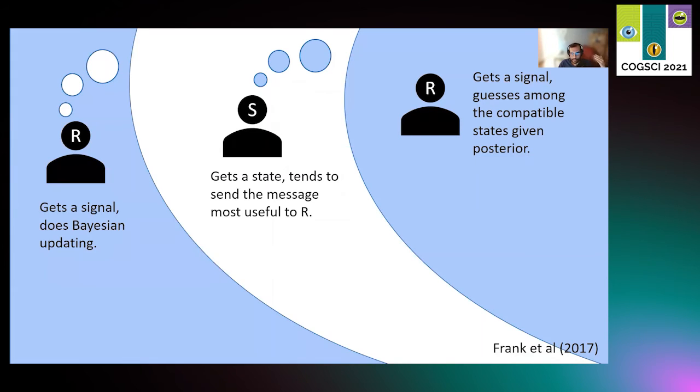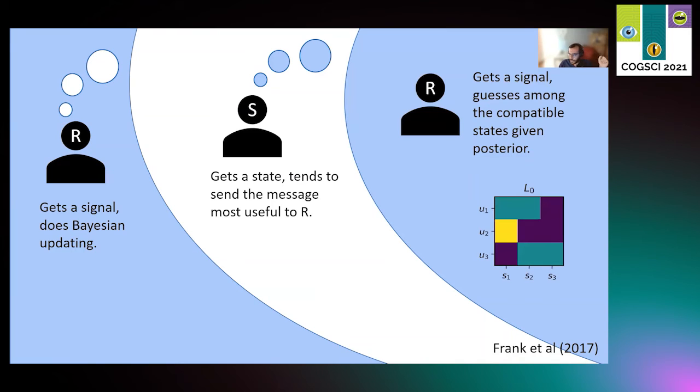And then you have a pragmatic receiver that gets a signal and then does Bayesian updating based on the probabilities of production of the pragmatic speaker. So they simulate the pragmatic speaker, the pragmatic sender, and think what is most likely, doing Bayesian update.